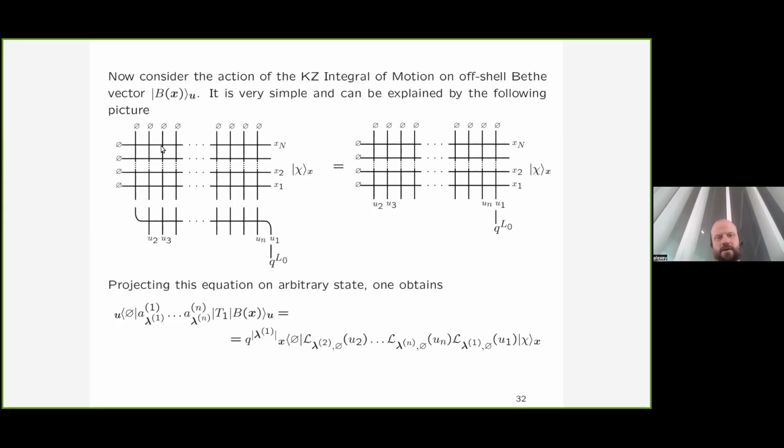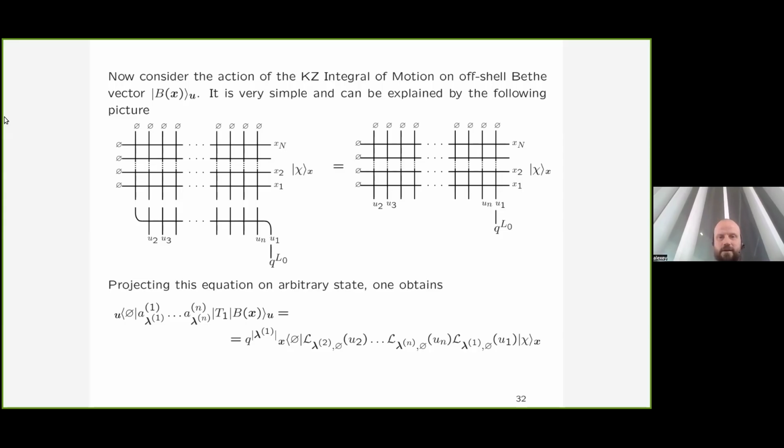When it acts on my off-shell beta state, it just takes the first space to the left and drags it over all the others, and then it becomes first from the right, and also multiplies it by q to the L naught. So the action is very simple, but this is not an eigenstate, of course, because it changes the state. It just takes the first to the left and drags it to the right. Very simple, right? It just follows from this construction and the Yang-Baxter equation.